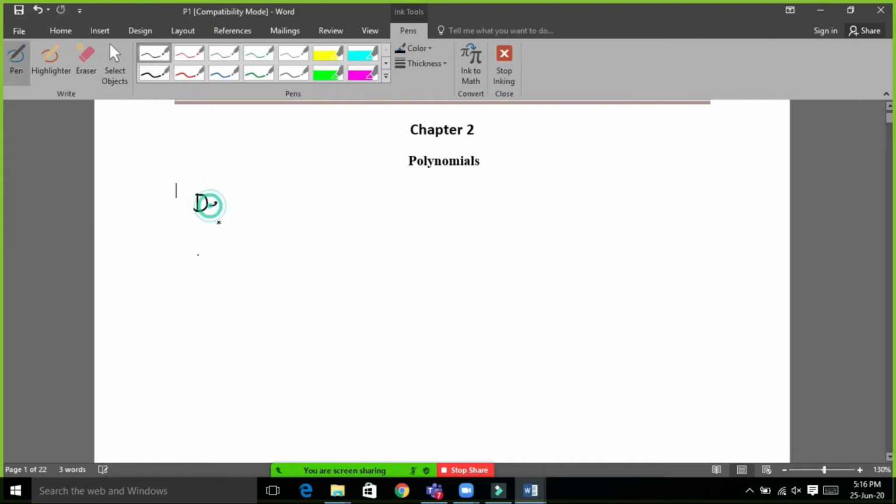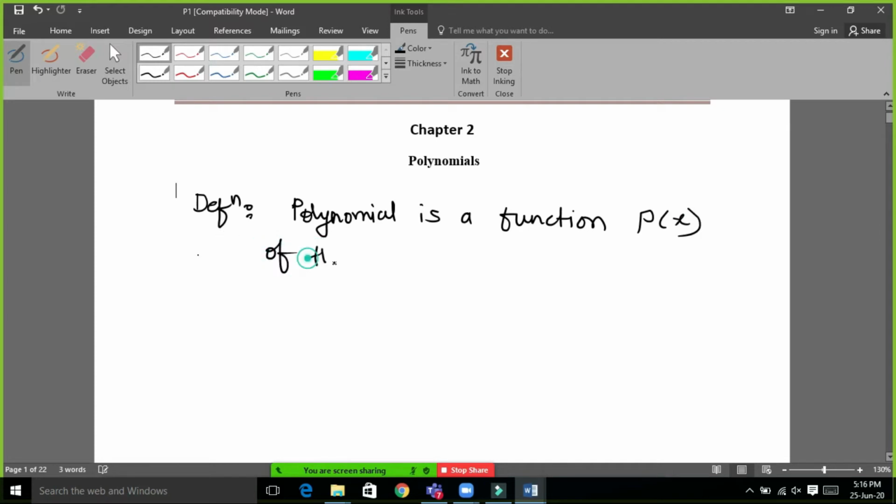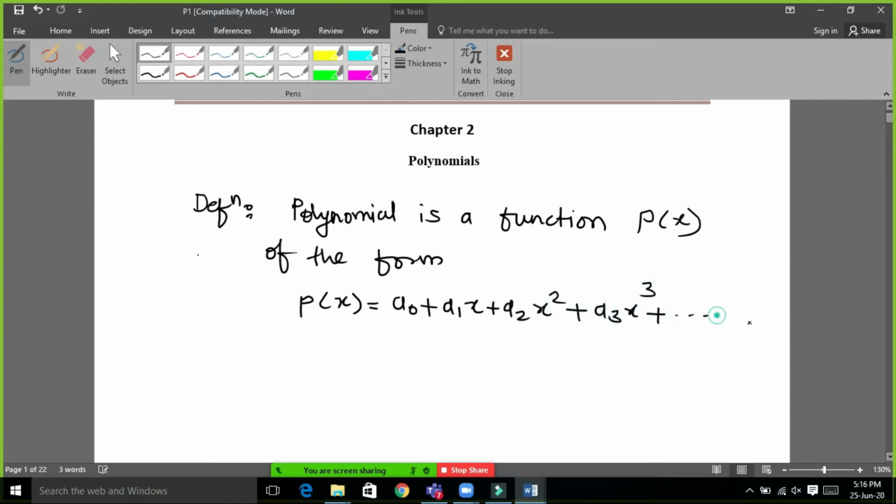So polynomial is a function p of x. Let us suppose we denote this function as p of x, of the form p of x is equal to a0 plus a1x plus a2x square plus a3x cube plus so on up to an x to the power n.